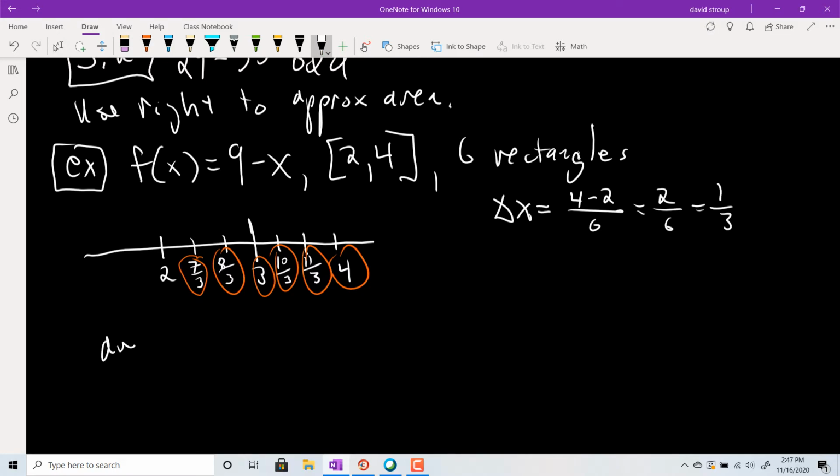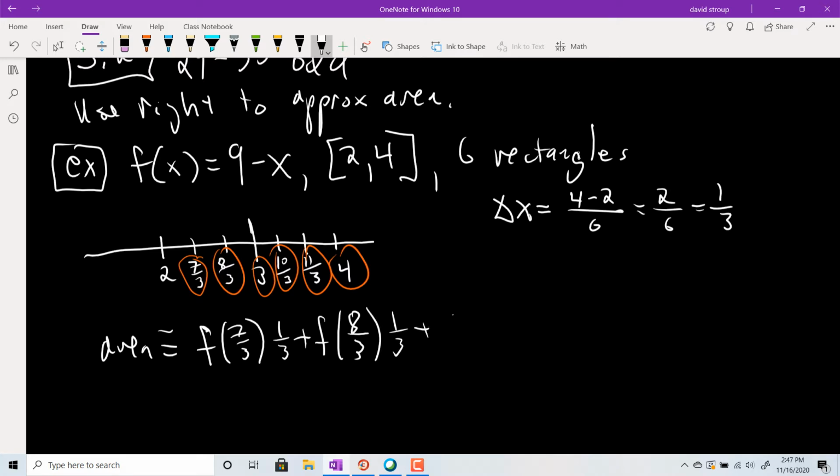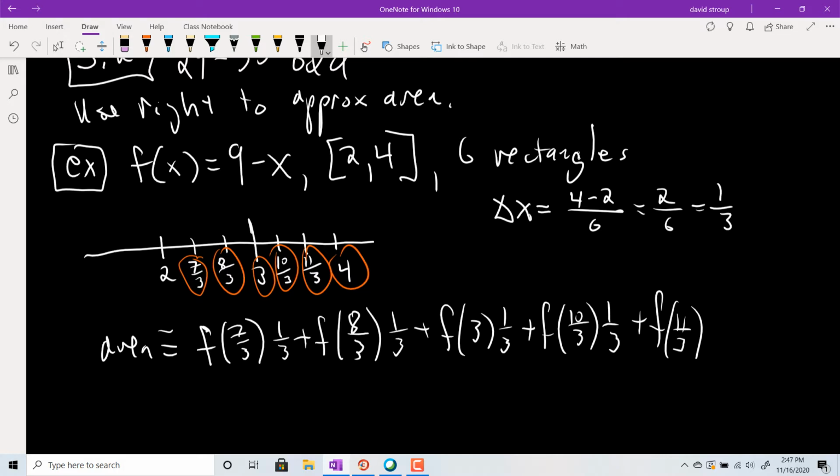So the area will be approximately f of 7/3 times change in x, which in our case is 1/3, plus f of 8/3 times 1/3, plus f of 9/3, which is 3, times 1/3, plus f of 10/3 times 1/3, plus f of 11/3 times 1/3, plus f of 4 times 1/3.